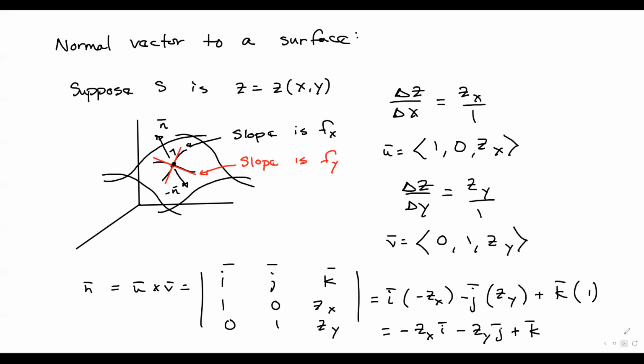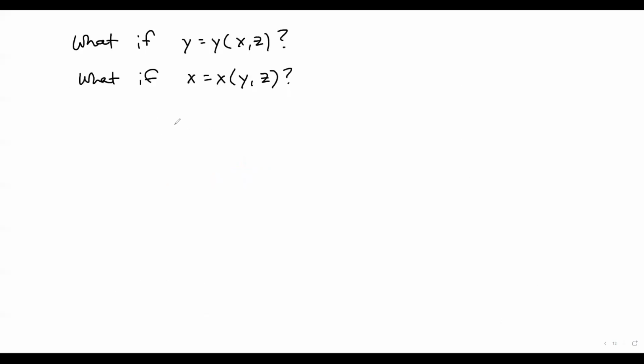What happens? I'll just give you the answer in case you're having trouble following all that. What's going to happen is that for the normal vector, you're going to end up with negative y differentiated with respect to x. Sorry, you're going to have negative x differentiated with respect to y, i plus j, minus... oh wait, no, I was right the first time.